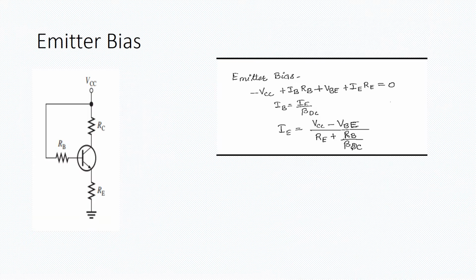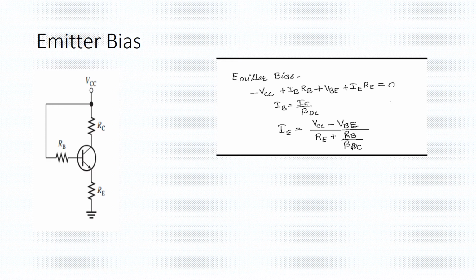Then emitter bias in the coming slide. So emitter bias, here resistance RE is connected, so it is defined as an emitter bias. Based on this, you find out the emitter current. Apply Kirchhoff's voltage law in the input circuit: VCC minus IBRB minus VBE minus IERE equal to 0.